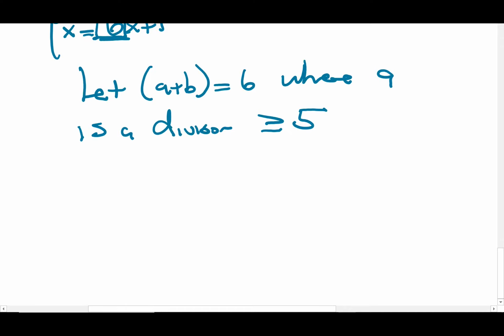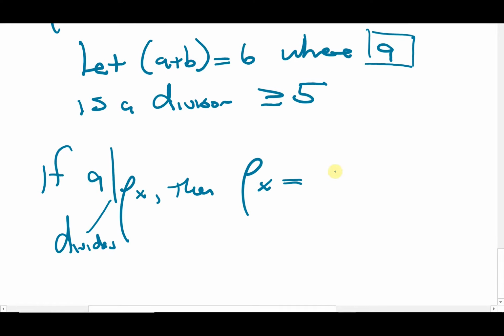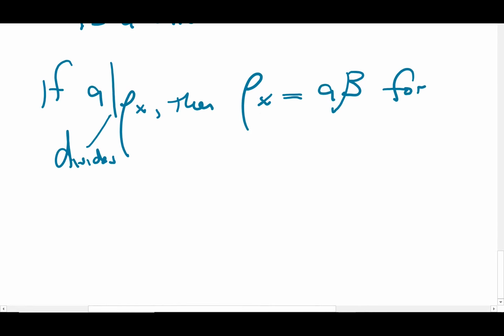So if we're relating a as a divisor, so if a divides p of x, then it follows that p of x equals a times, let's just call it beta, for some beta in the set of natural numbers.